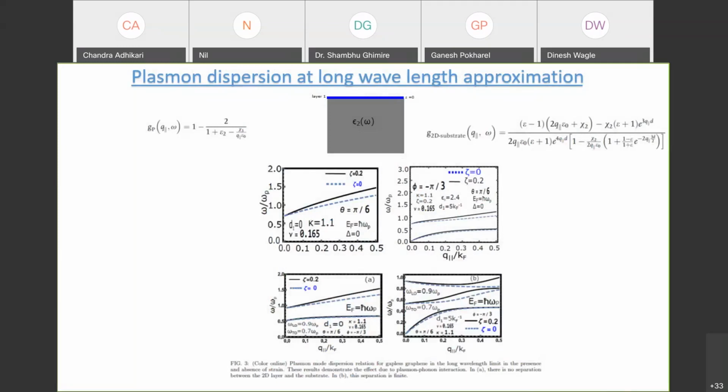And for another case, when the sheet is just above the substrate with some distance in between them, the G response function is shown on the right side. I'll discuss in detail the use of this G response function in the coming slides.